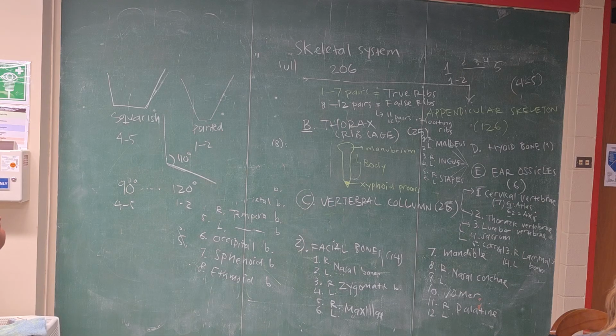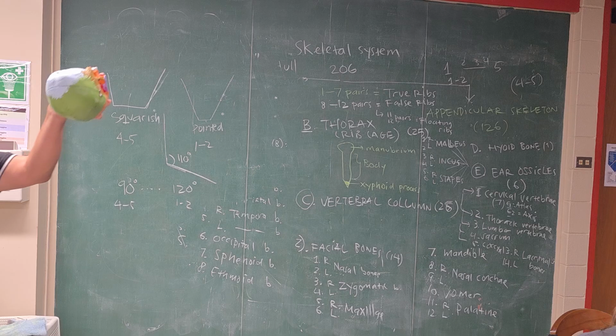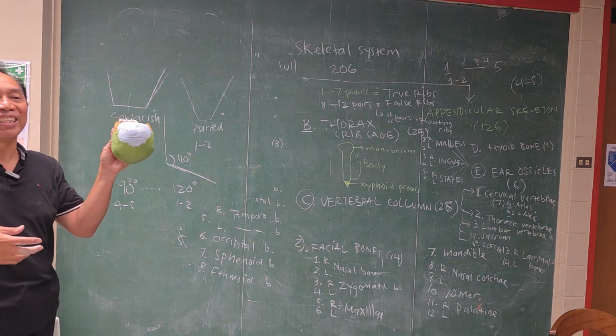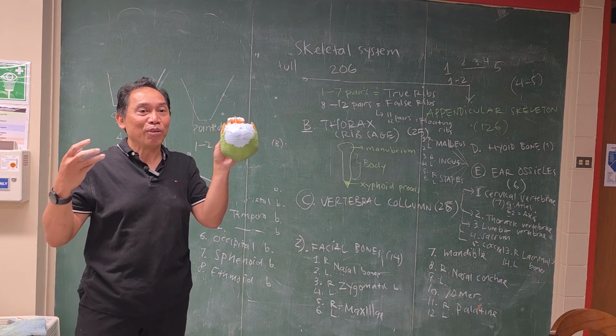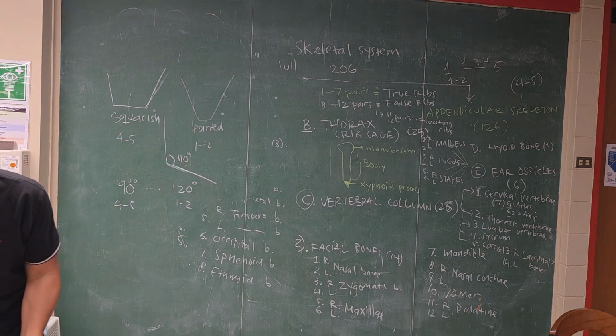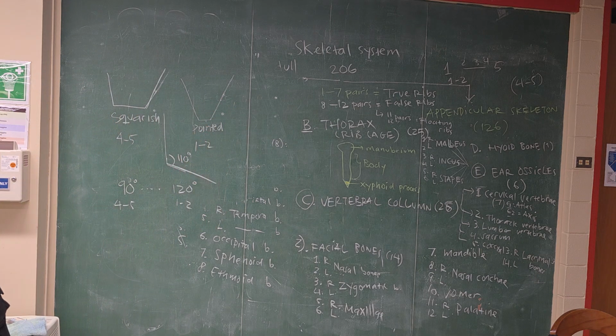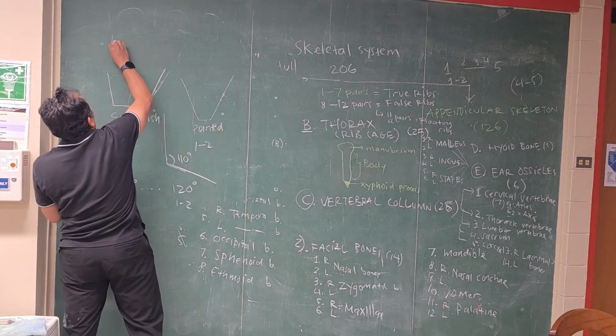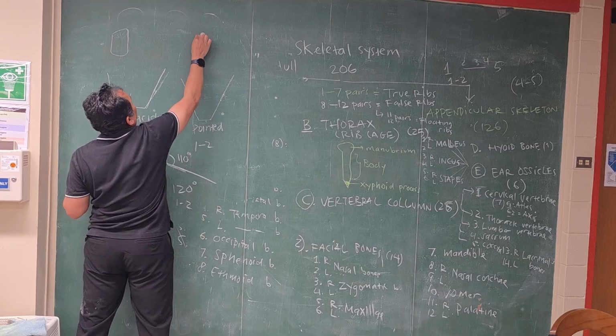Okay, the last one is the teeth. For the teeth, you have to see the molar. Which one is molar teeth? On the back, the one that grinds the food. Let's say you have one molar tooth over here, and this is the other one.